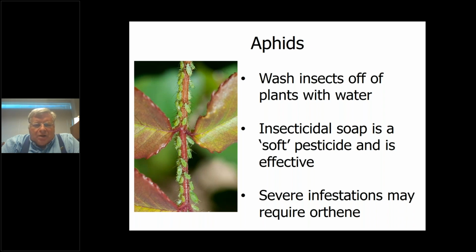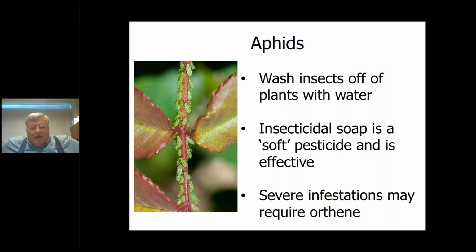Remember, the soap has to coat the aphid. The aphid has two little tailpipes sticking out its back end, and this is how it breathes. So if we can get a soap film over those two little tailpipes, the aphid will suffocate and die. And so insecticidal soaps can be very effective.